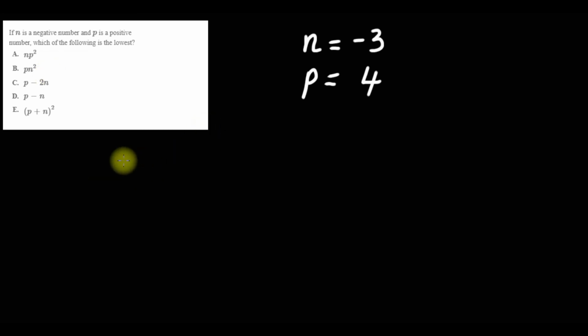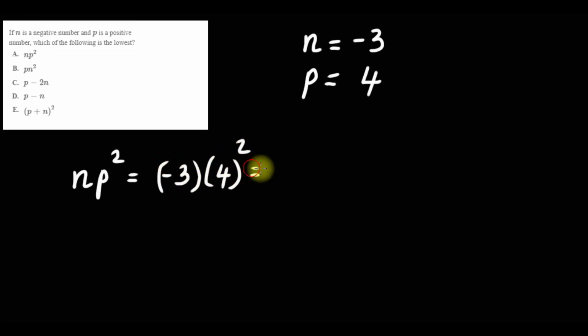So the first one we have is n p squared. That would be negative 3 times 4 squared. So that's negative 3 times 16, which gives me negative 48. This is a really low number because of the negative.